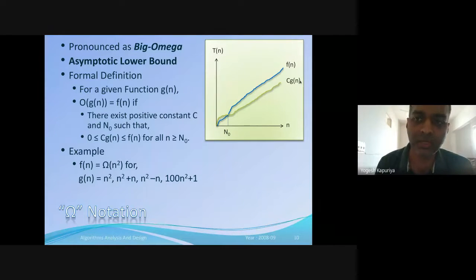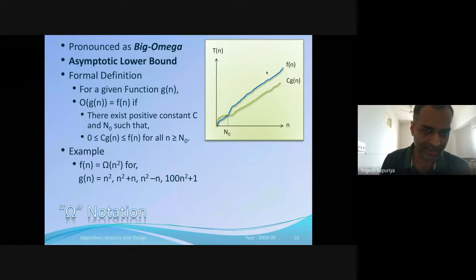Or in other terms, you can say your cgn is always going to be less than or equal to fn. And that's why we say that for a given function fn, this is a lower bound. The value of this is always going to be less than this.